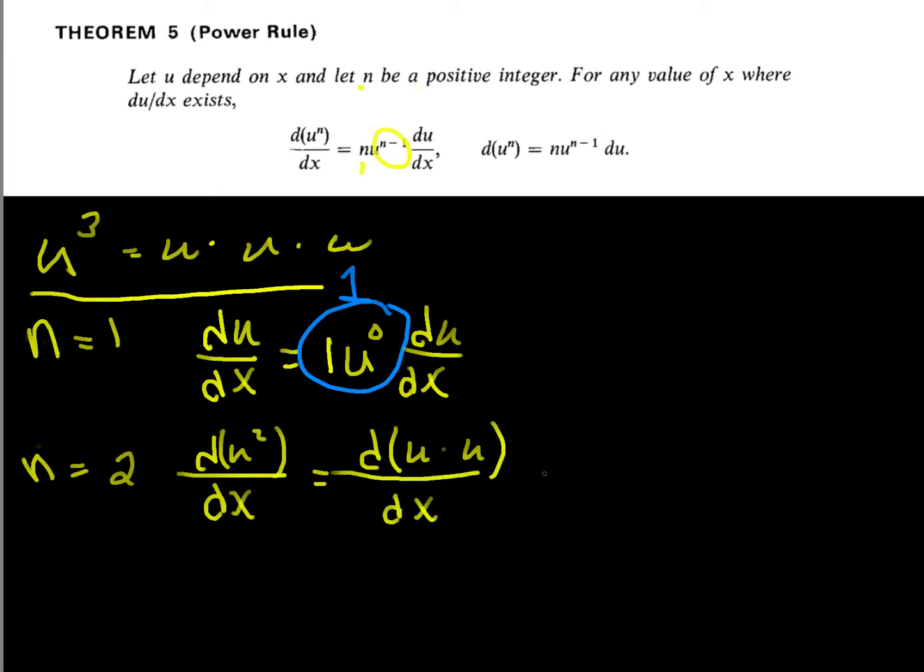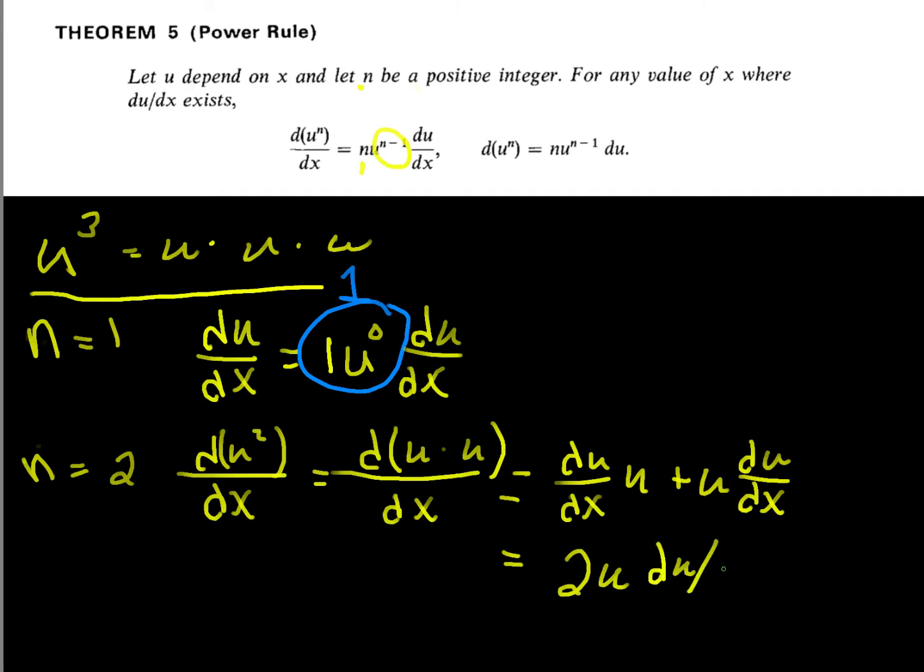And with the product rule that we proved in the previous theorem, this is du/dx times u plus u du/dx, which I can rearrange as 2u du/dx. And so, just like the rule says it should, the exponent came down to become my coefficient, and the degree of my function went down by 1, from 2 to 1.